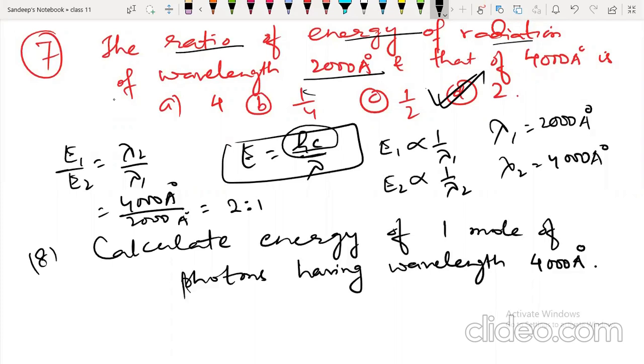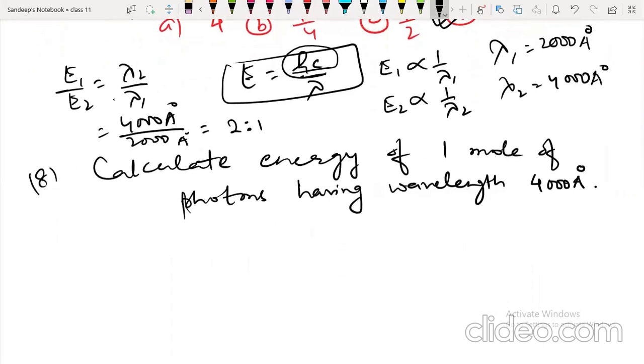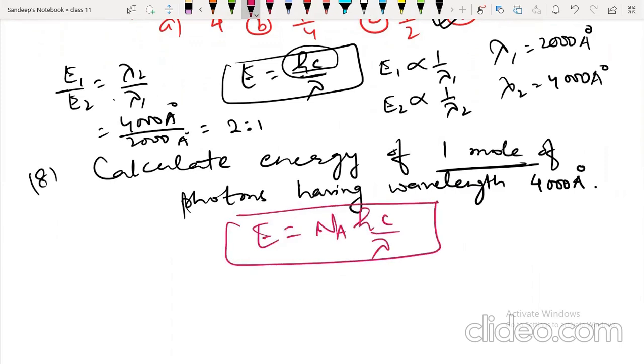Solved? Which formula you will use? HC by lambda. But you have to multiply Avogadro number. No, 1 mole they are asking. So in that case, the formula will become E equal to Na into HC by lambda. So this is the formula. Na is 6.022 into 10 to the power 23.